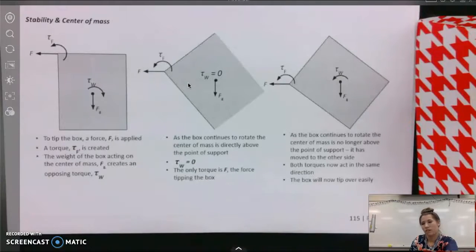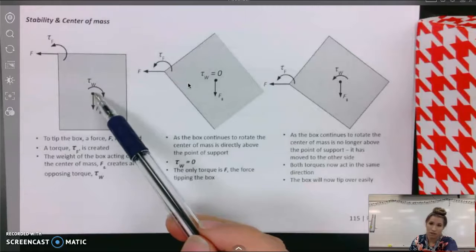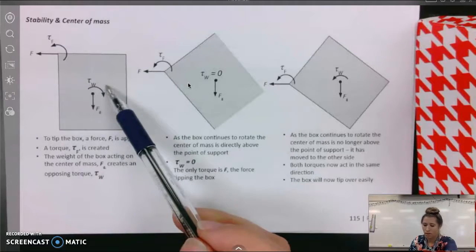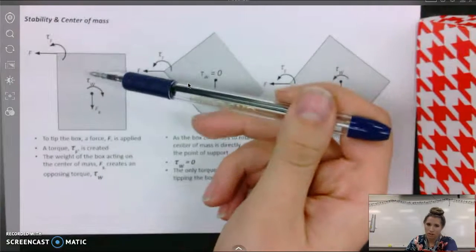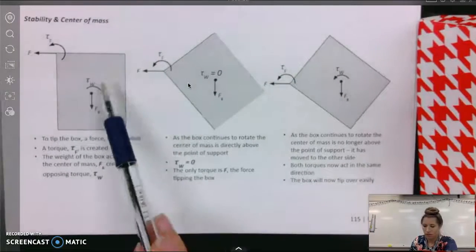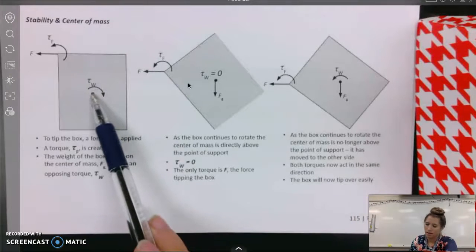Now, there is also another torque, and that is the weight of the object pulling it back, right? If I push this box and then I let go, it falls back. And that's because the center of mass is not at the center of the rotation.